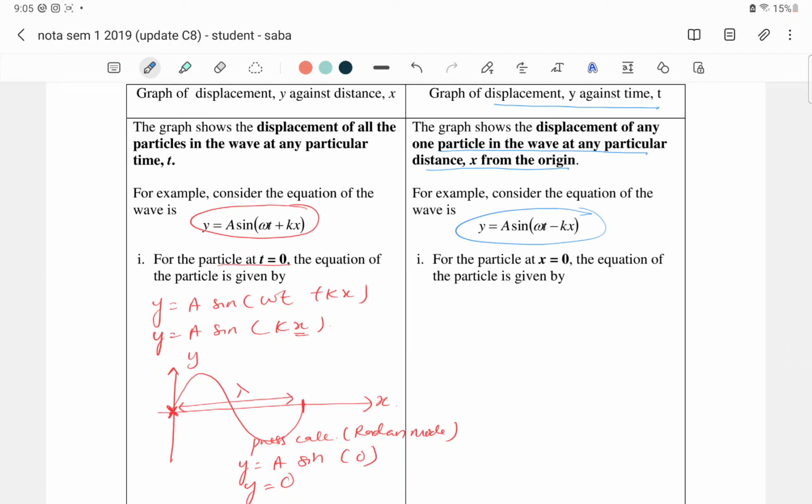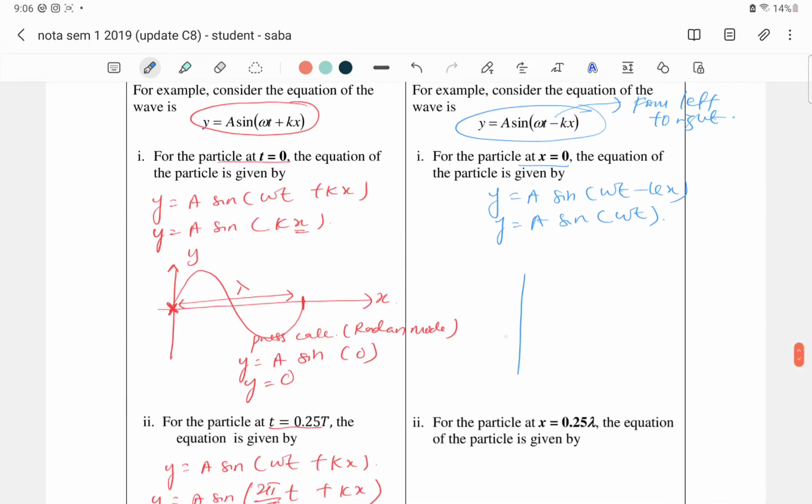So this negative shows that the direction of the propagation of wave is from left to right. Okay, so when particle at x equal to 0, so y equal to a sin omega t minus kx. So y equal to a sin omega t sahaja.